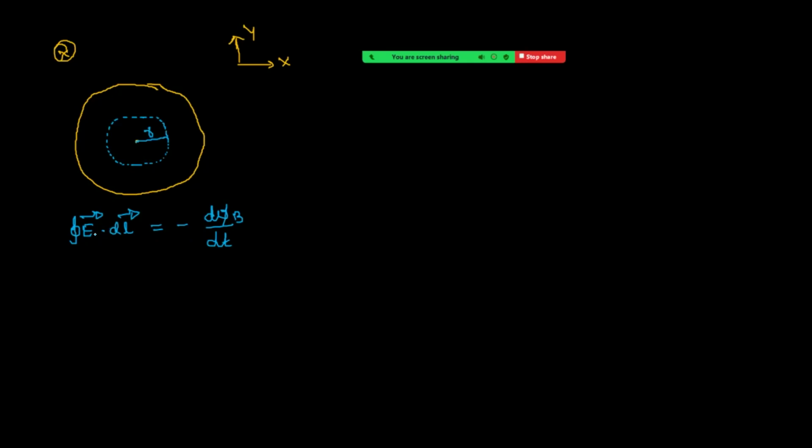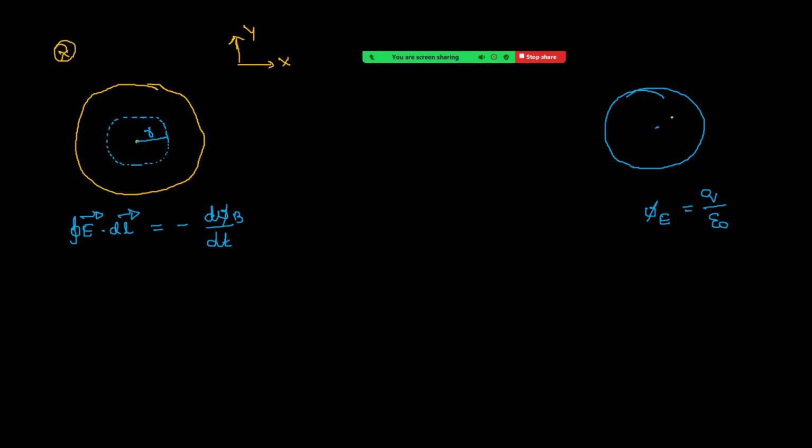Before that, first we should know the direction of E bar. When I'm taking a loop here, if you remember while discussing Gauss law, electric flux is equal to net charge inside the closed surface upon epsilon naught, right?